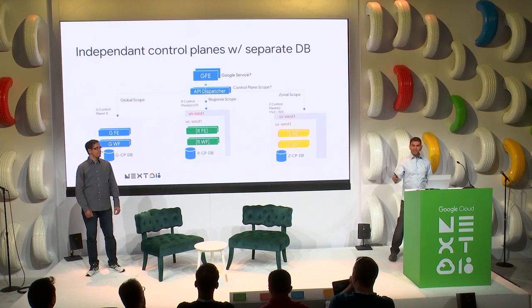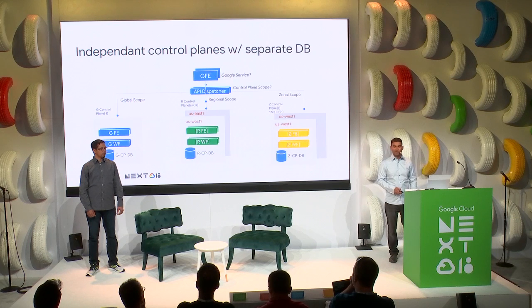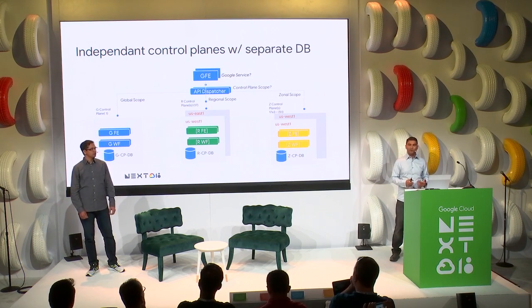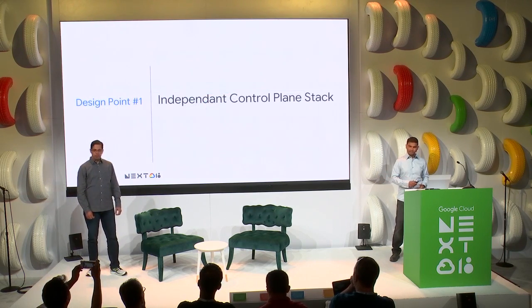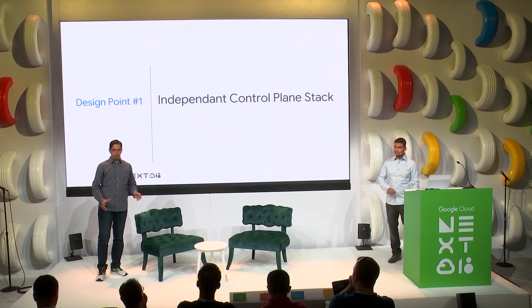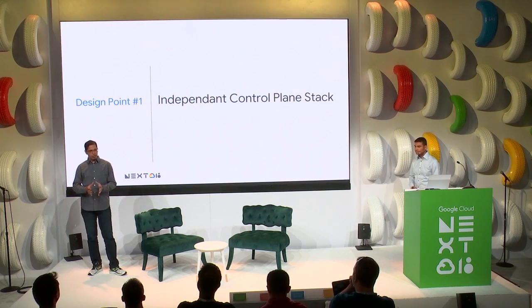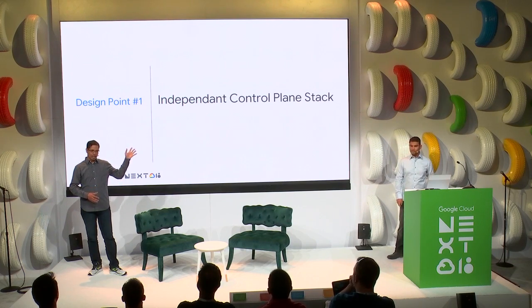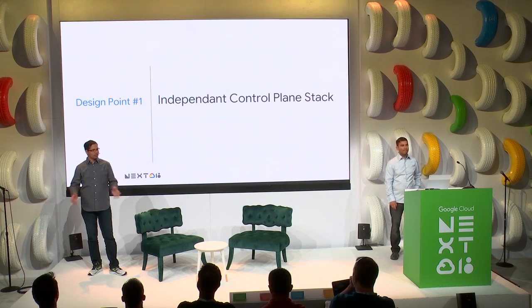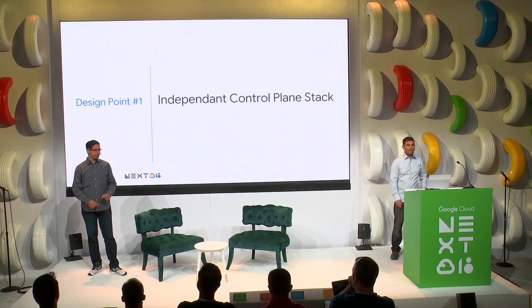So this is the final design. This is what we have in production. This is what we use. We have independent control planes with their own independent databases. So the theme here is, if you want availability, you need to minimize shared points of failure. In the first slide, there's a single stack, which is not going to work for availability.